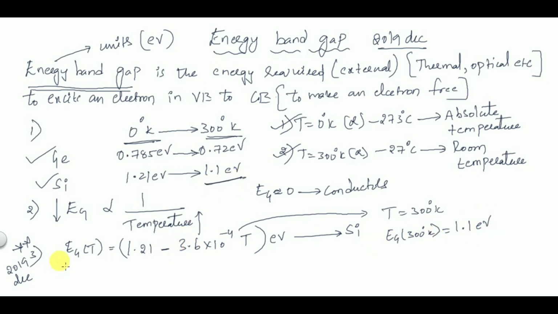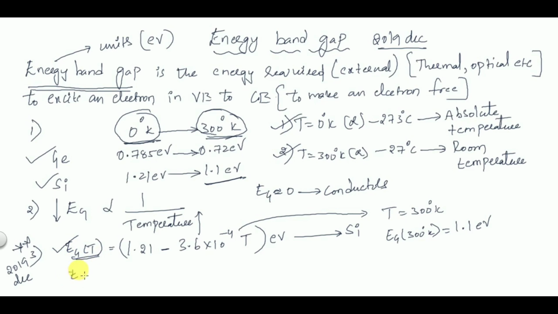That means using this formula you can find the energy band gap of silicon at any given temperature. These are the standard temperatures. We can remember only two values, but we can't remember the values at every temperature. But we can find the energy band gap at any given temperature using this formula.